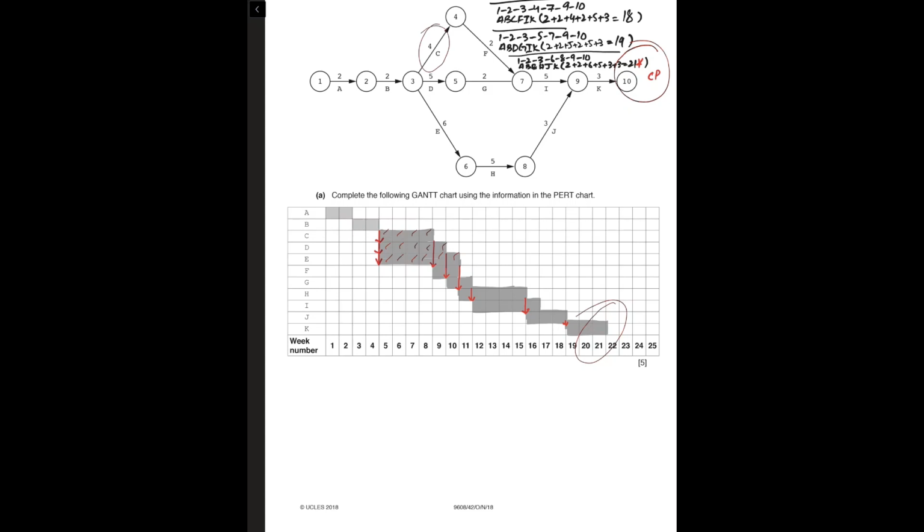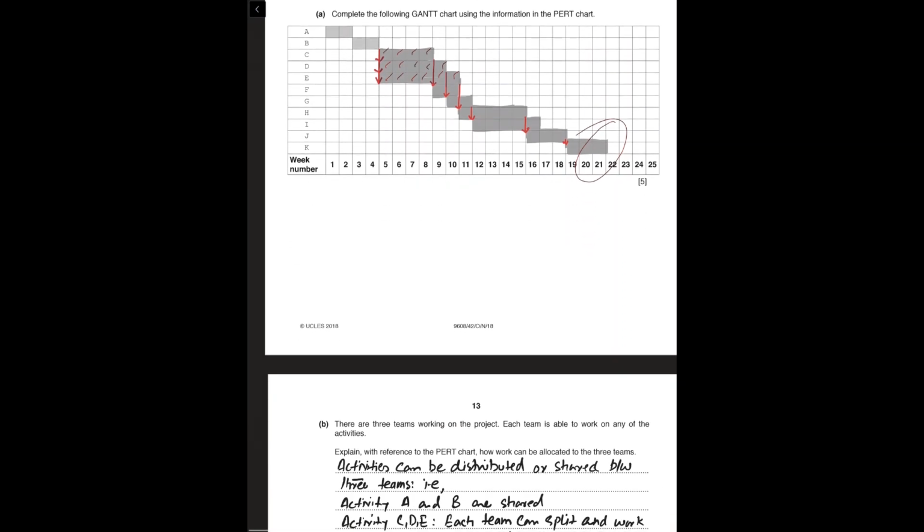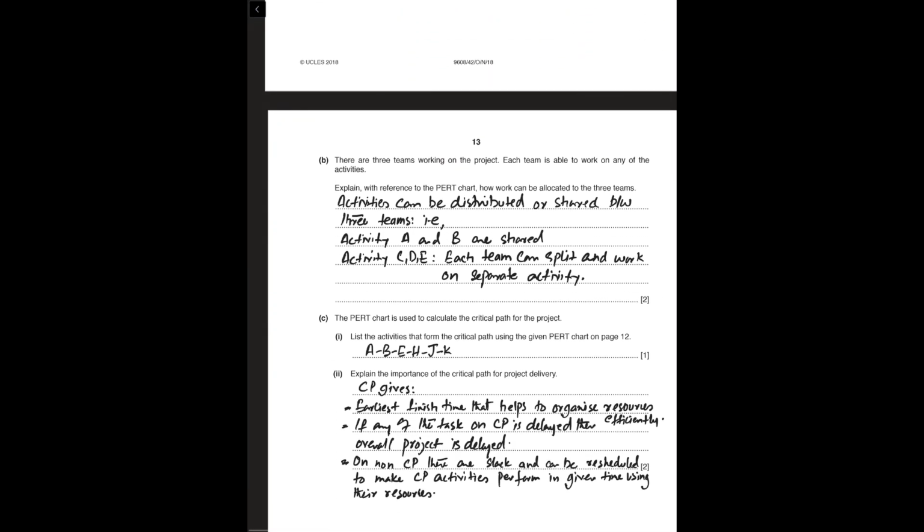There are 3 teams, so team 1 will take task C, team 2 will take task D, and team 3 will take task E. So when there are fewer than 3 tasks, teams can be divided among 2 or 1 task, and when there are 3, these teams can work on separate tasks. The PERT chart is used to calculate the critical path for the project.